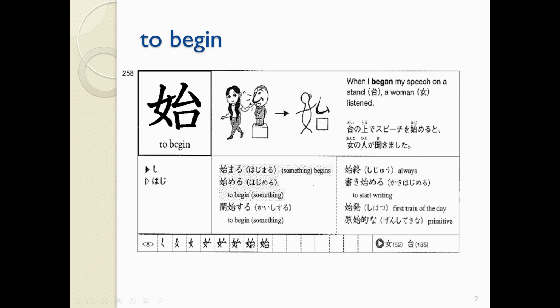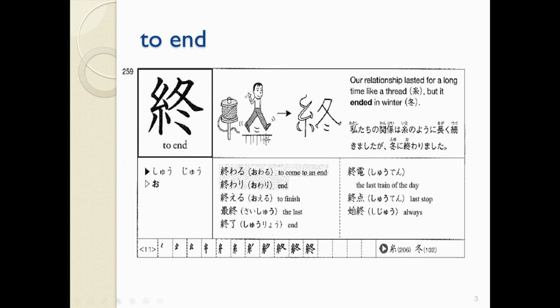The haji in hajimaru, haji in hajimeru. Our next kanji is the o in owaru and the o in owari. It's made up of this part, the thread, plus winter.